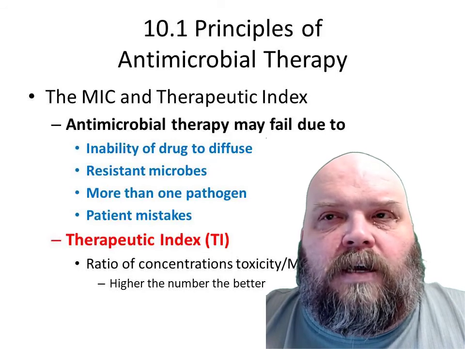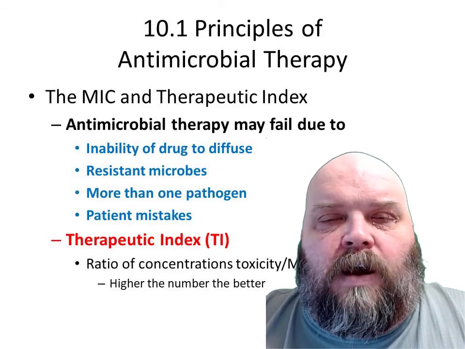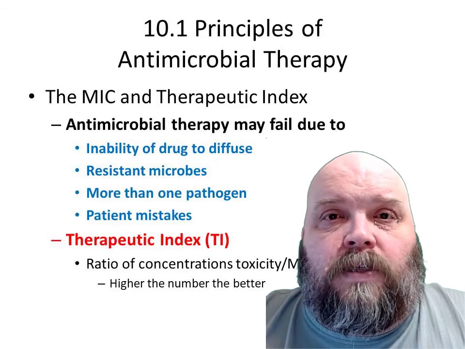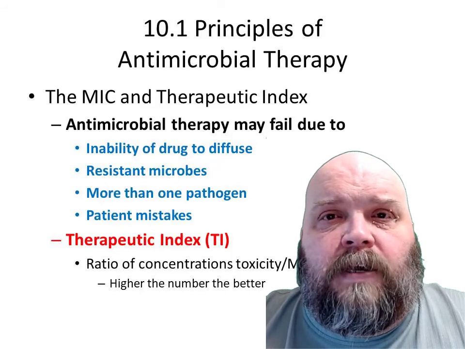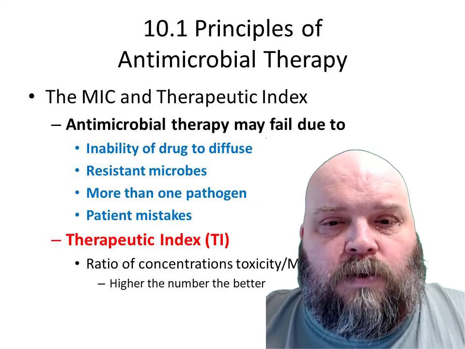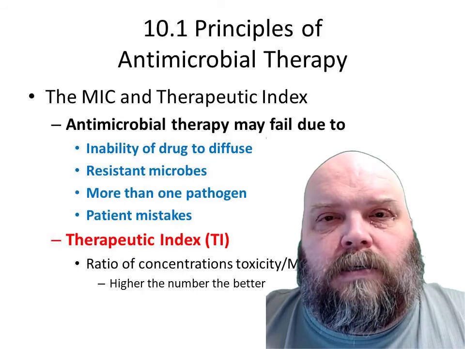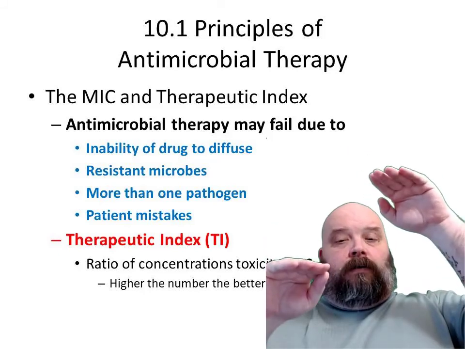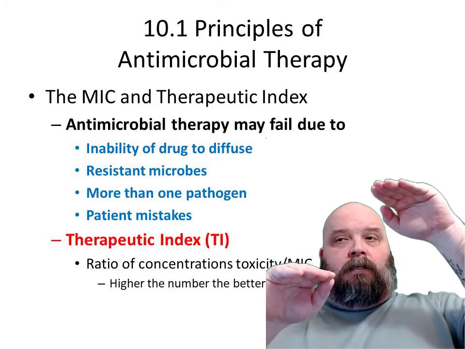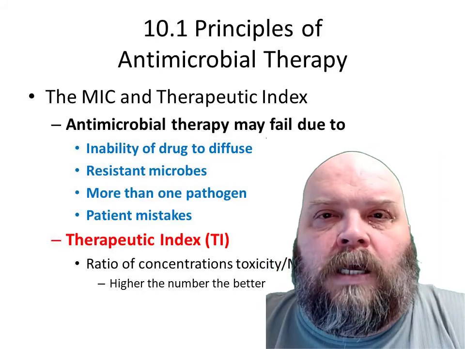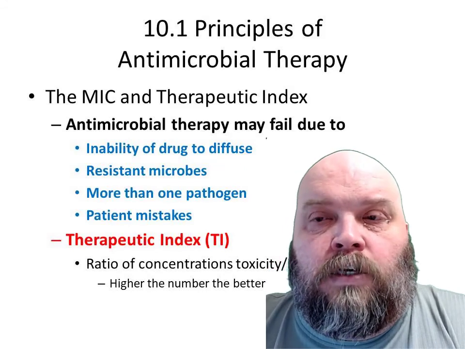That means that however you go to use this, compound Z with its therapeutic index of 0.5 is going to be toxic to the patient if you try to use it as a treatment. Always want to go for the higher therapeutic index, 10 to 1, 20 to 1, 100, and stay away from anything that's too low.